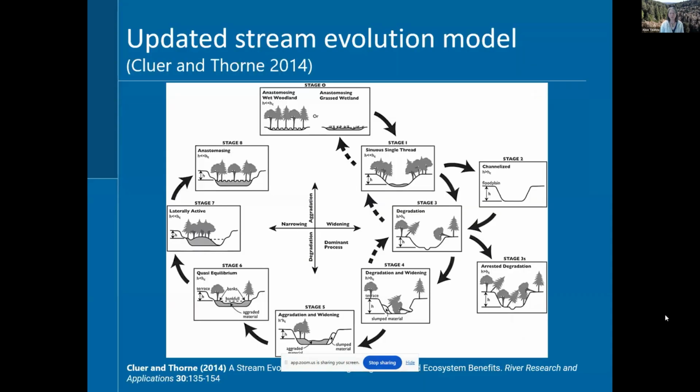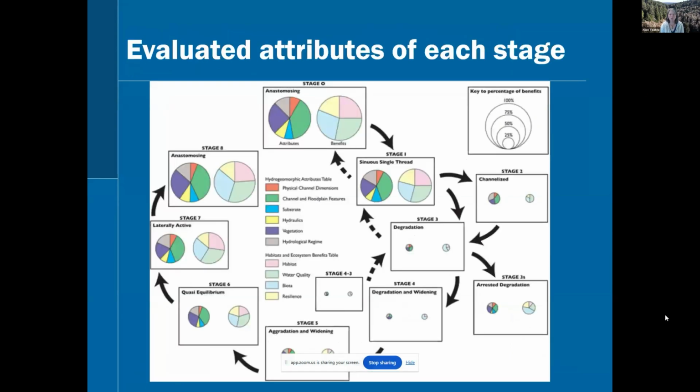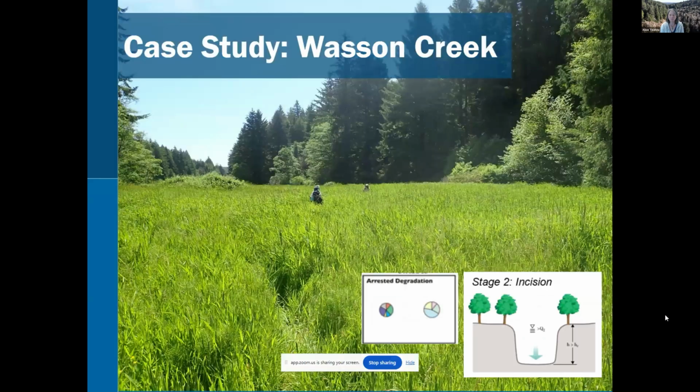This updated stream evolution model was also evaluated with a whole bunch of different attributes that I won't go into here, but they basically found that stage 0 had higher scores than that original stage 1 design, and both were much higher than degraded systems like stage 2.